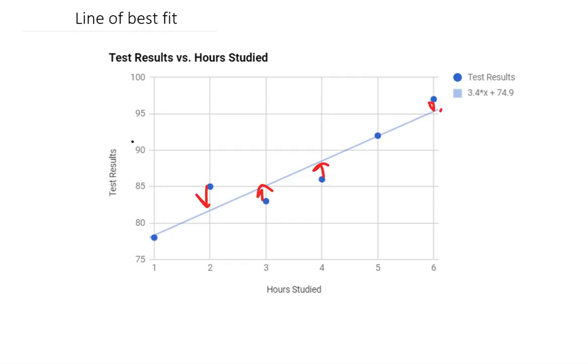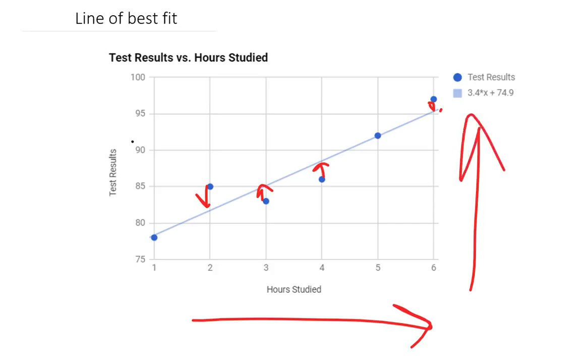We can either have a strong correlation, a weak correlation, a perfect correlation, or no correlation. In this case, we have a strong correlation since all of those dots are relatively close to that line of best fit. And from the beginning, we said as it increases, our value increases. That means we have a positive relation. And like we said, we have a strong relation.